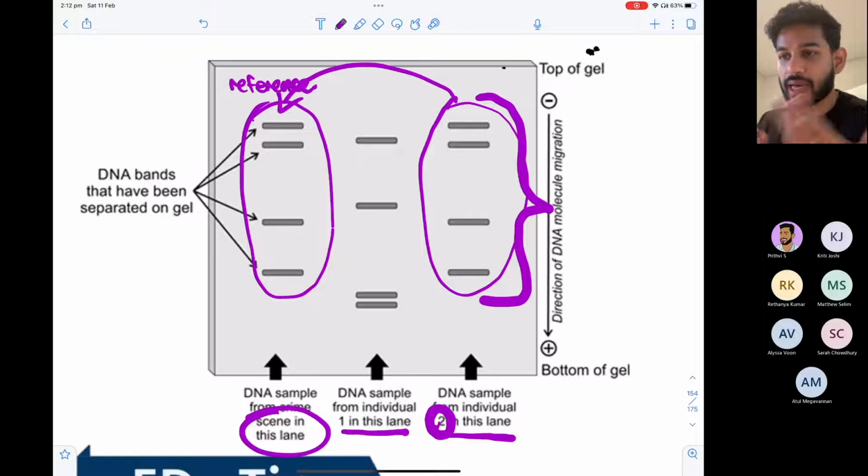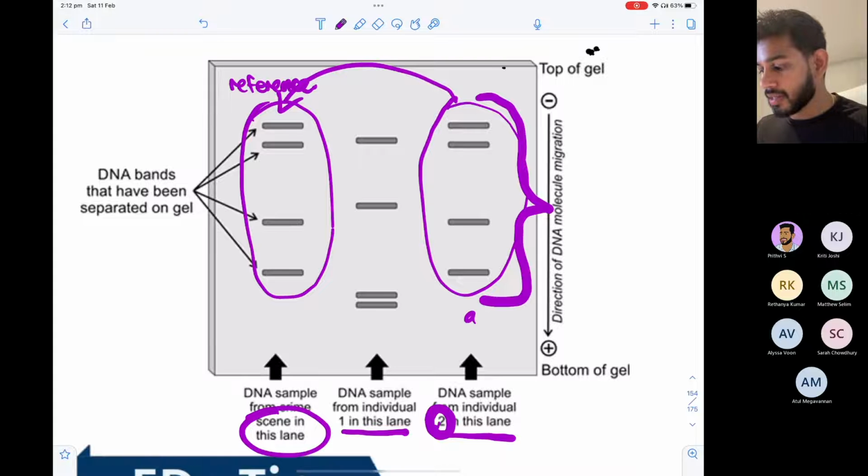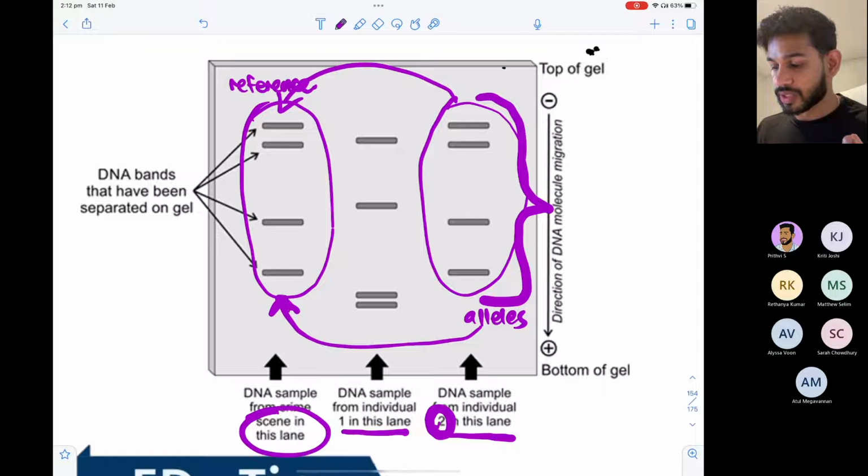Remember, what is genotype? It's just the alleles that an individual has. And all you can tell me now is that the alleles that this person has is similar or identical to this reference well, and individual 1's alleles are different. So you're simply identifying genotypes.